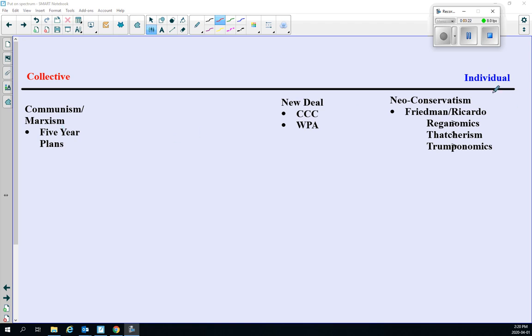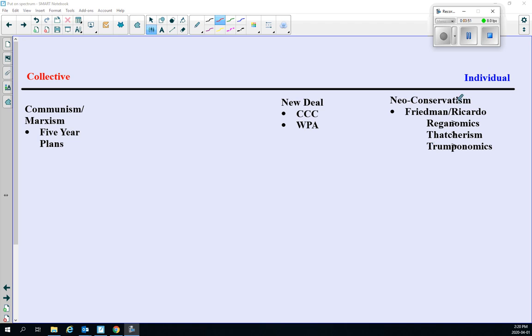The far right technically is going to be classical liberalism. So that'd be the extreme right wing. And then a notch over from that far right is going to be neoconservatism. Friedman, Hayek were the fathers of the neoconservative movement. And the actual economic ideologies that were examples of neoconservatism would include Reaganomics, Thatcherism, and to a degree Trumponomics, although that doesn't really have to be on there.